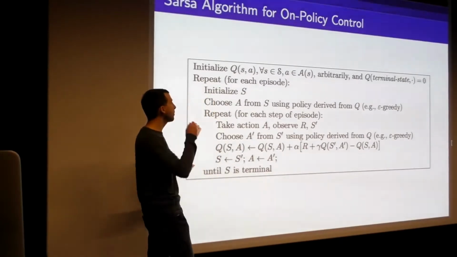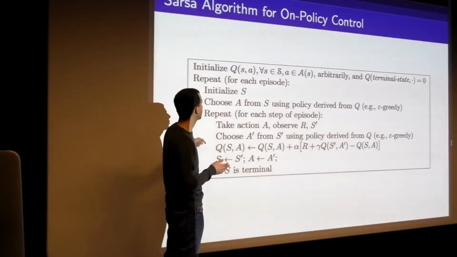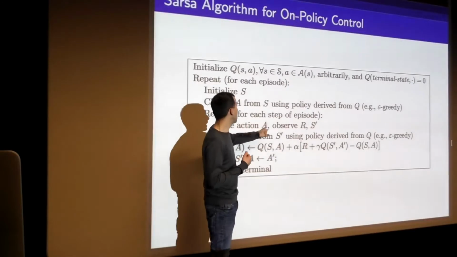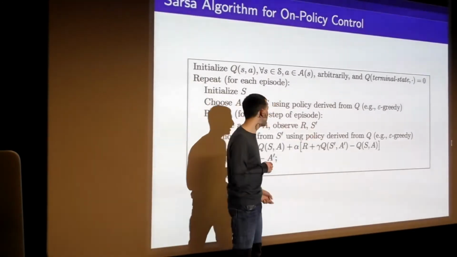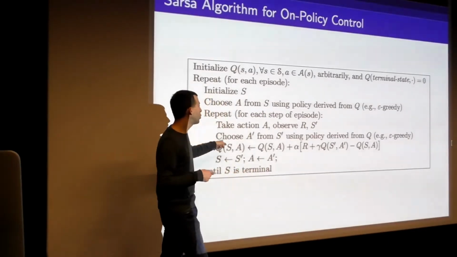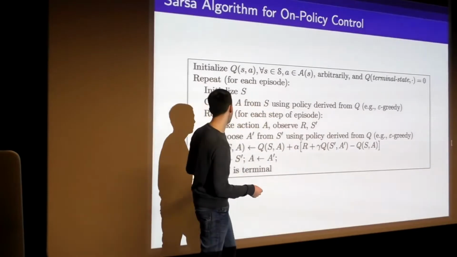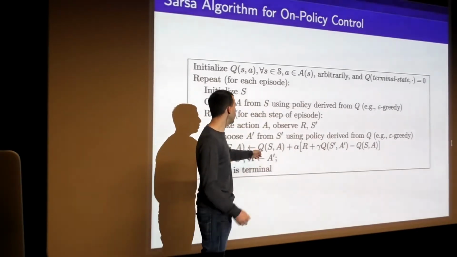Every single step, this outer loop is just over episodes, but really, the inner loop is just every single step. We're going to take an action, observe the reward, observe the next state that we end up in. We're going to choose our action using our epsilon greedy policy. And we're just going to apply this SARSA update to that one step.